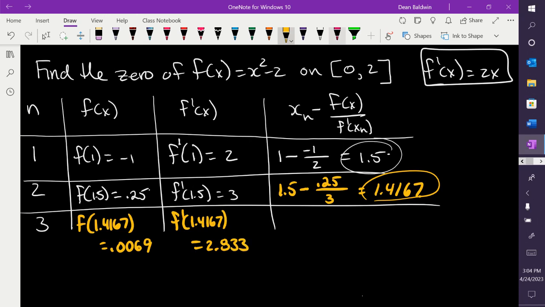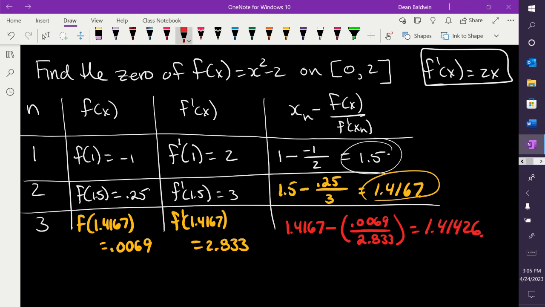So then, when you put that into this equation, it's 1.4167 minus 0.0069 divided by 2.833, and that will spit out 1.41426.